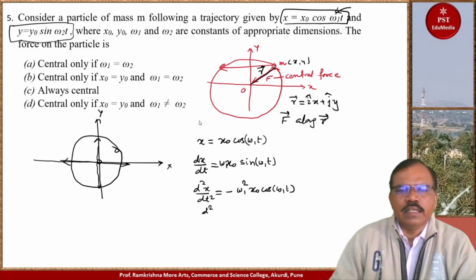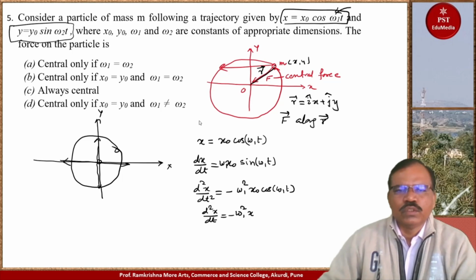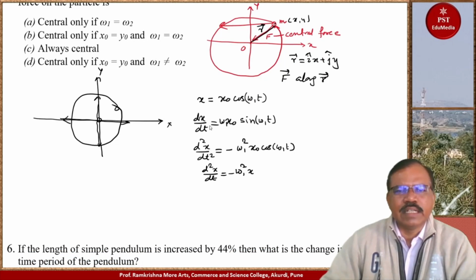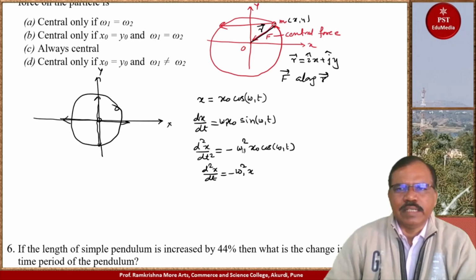So we get d2x by dt square is equal to minus omega 1 square x. So this is simple harmonic motion because acceleration is proportional to displacement.